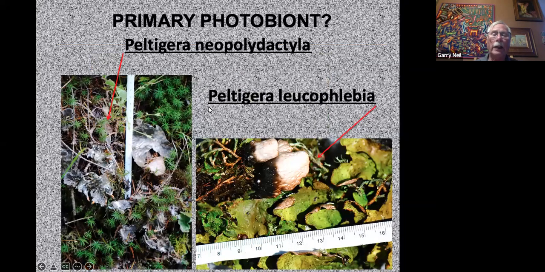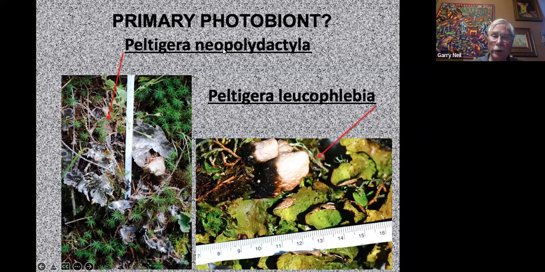Okay, now again, this is interesting. This Peltigera, which is commonly found here, if you go on Long Canyon Trail, for example, and you look at the bank of the trails, sometimes you'll find this particular genus. Peltigera is one of the few lichen genera that has cyanobacteria members and green alga members.